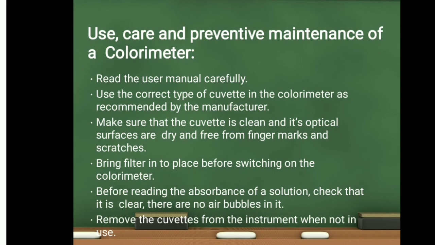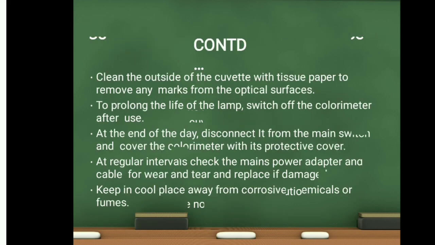Remove the cuvette from the instrument when not in use. Clean the outer surface of the cuvette with tissue paper to remove any mark from the optical surfaces. To prolong the life of the lamp, switch off the colorimeter after use.